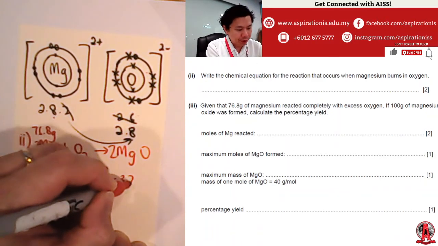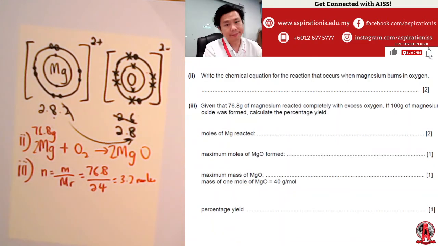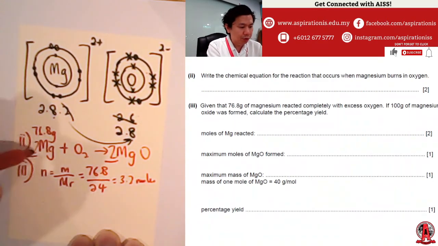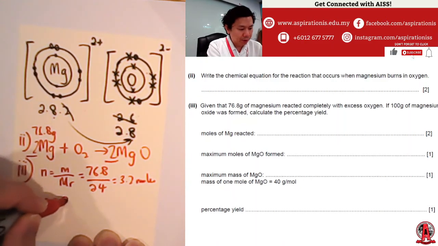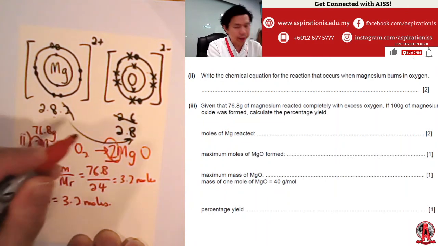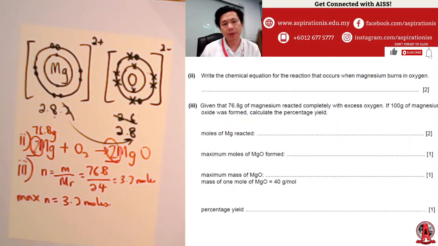So you have 3.2 moles. So the maximum moles of MgO that can be formed. Well, since this is 2:2, the maximum moles is also 3.2 moles because the ratio is the same, 2 and 2. So the maximum moles of magnesium oxide is also 3.2.